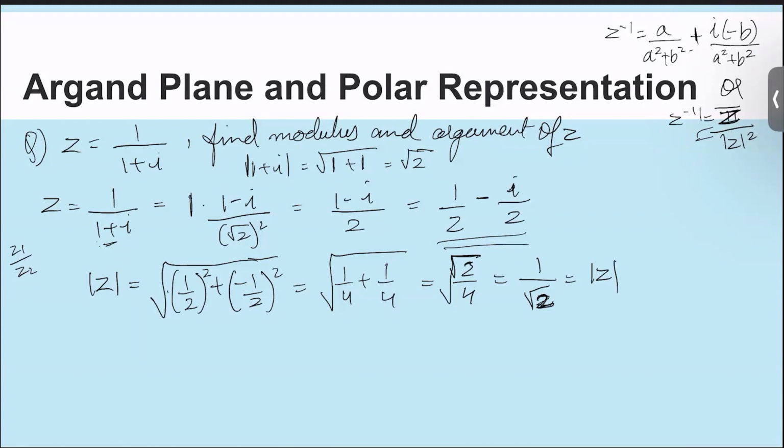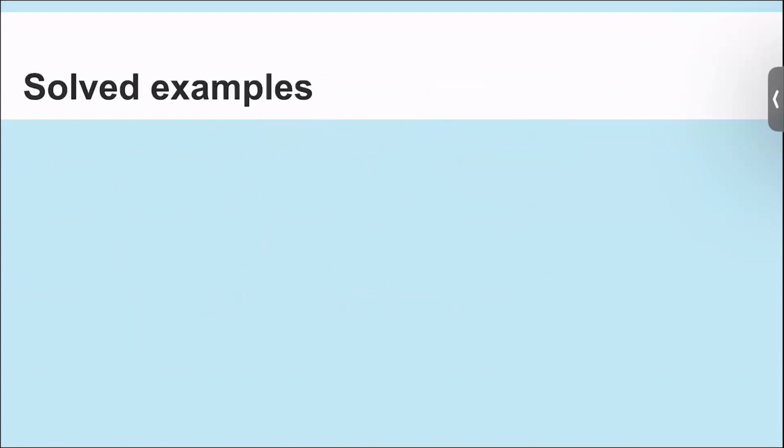Now we will find the argument of z. Suppose we have mod of z is equal to 1 by root 2, and that will also be equal to r. We also know that z can be written in the form of r cos theta plus i r sin theta.